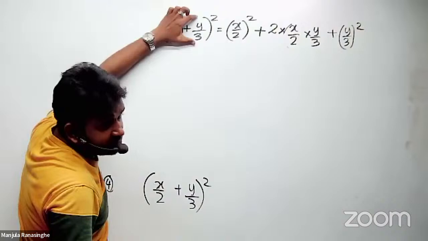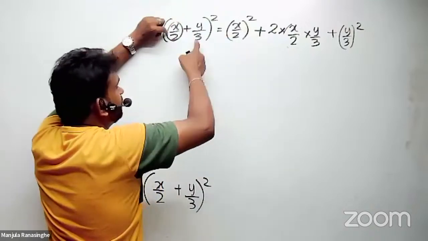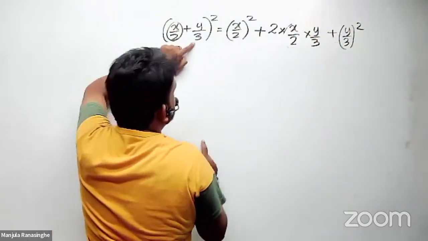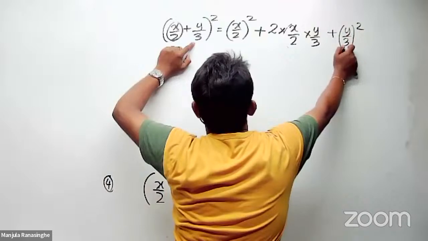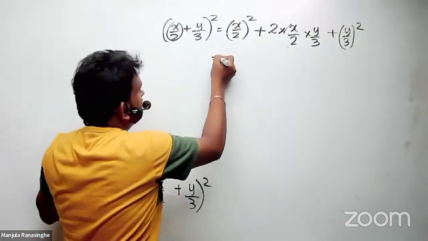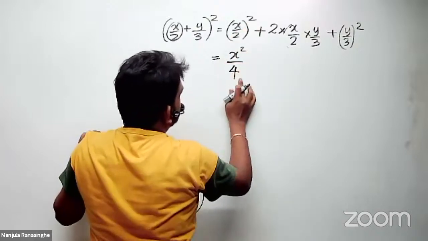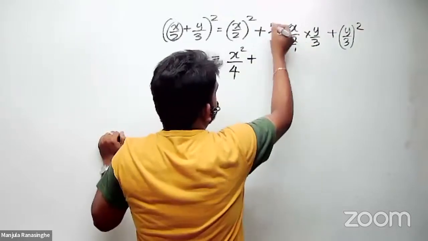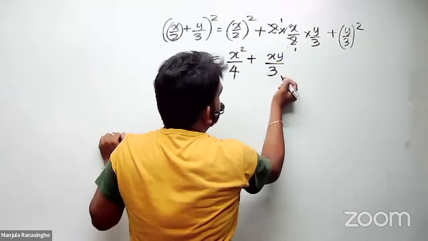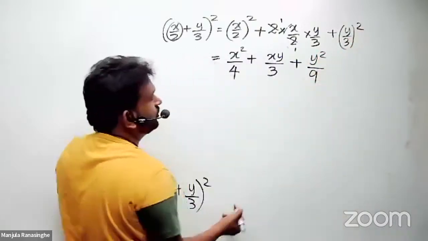First term x upon 2 squared, plus 2 into the product x upon 2 into y upon 3, plus y upon 3 squared. Now x squared upon 2 squared means 4, plus here the 2 and 2 simplified, and x into y, xy upon 3, plus y squared upon 3 squared means 9.